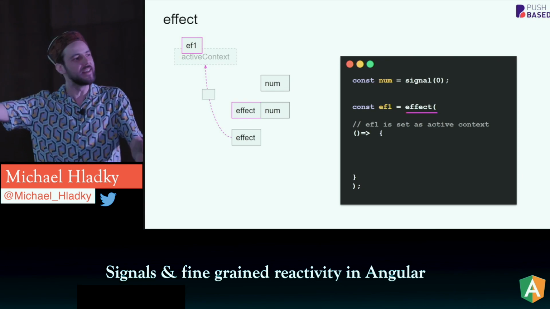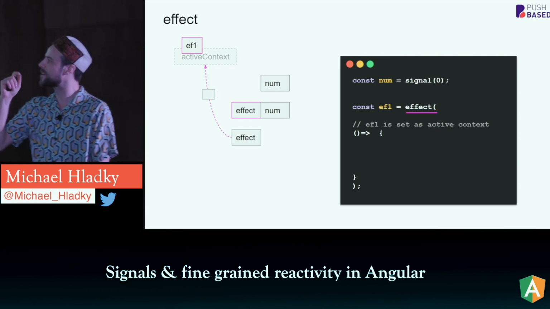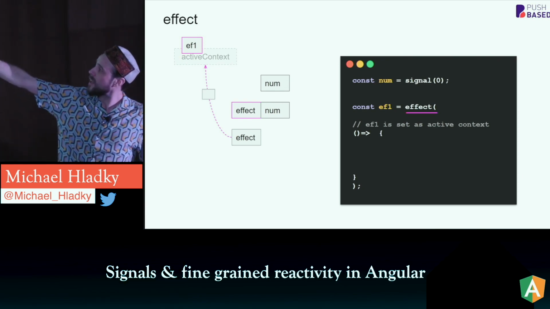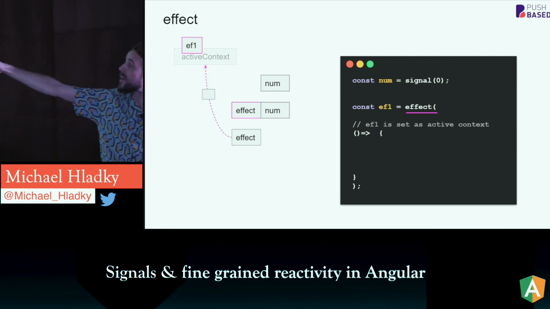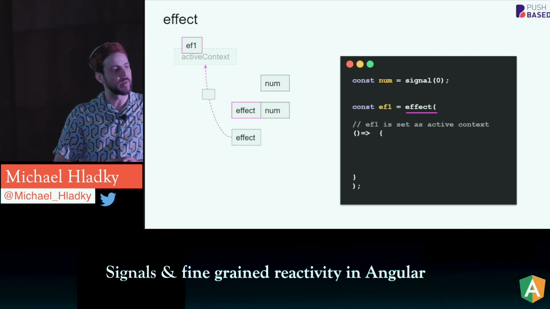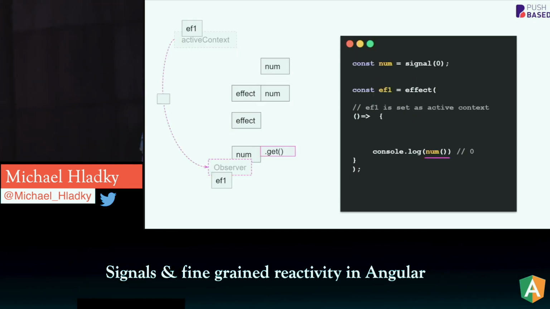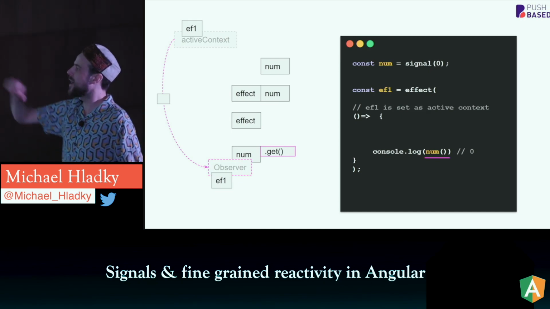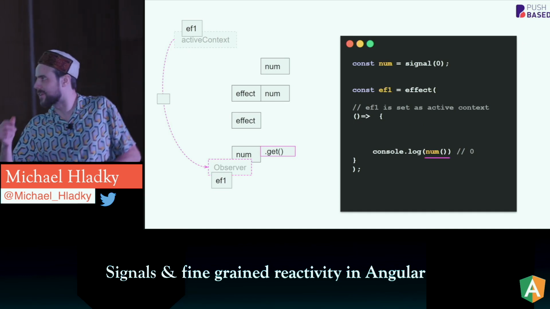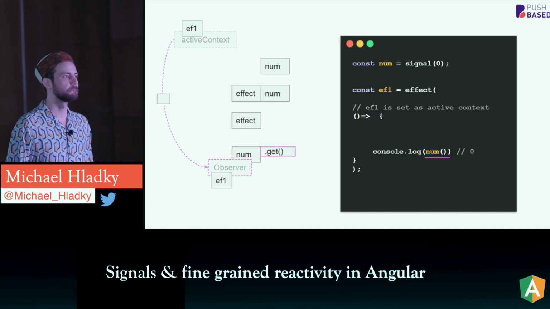It is maybe in the area of subscription, but there is more to it. So I have my signal, I have my effect. In this effect I have my zero argument void function that I call, and inside of that function I have a console log that gets the value of a signal.